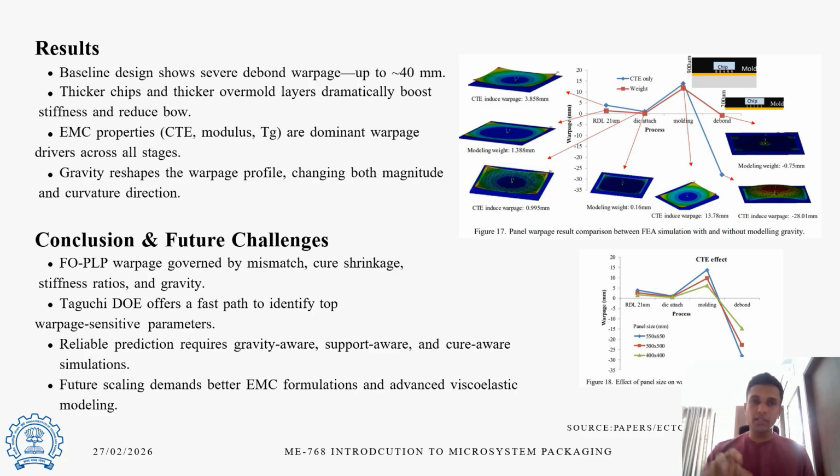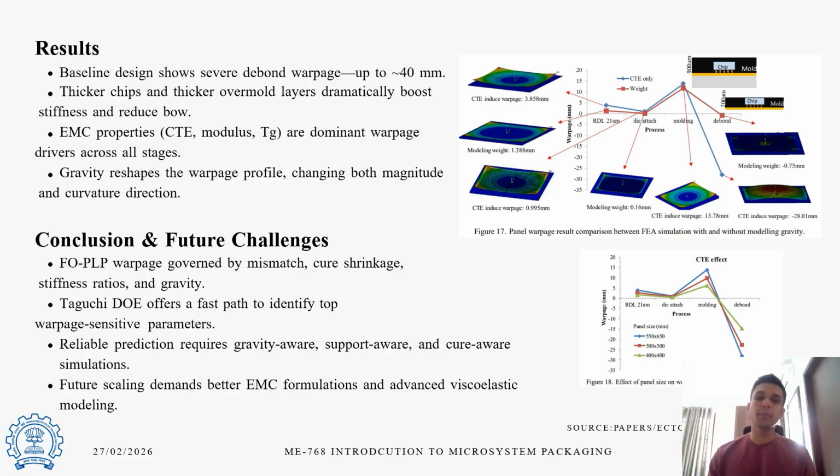However, the most influential factor turned out to be the EMC properties, that is epoxy mold compound properties, which are CTE and modulus. Those are the two most important properties defining the warpage in our panels. And again, like I said, after the debond, gravity reshaped the warpage profile, changing both the magnitude and curvature direction.